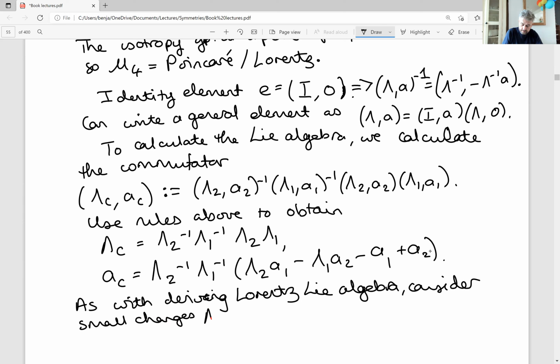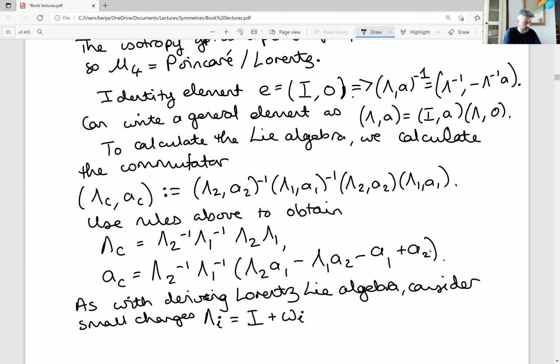So lambda_i I'm going to put equal to the identity matrix plus omega_i, just as we did before. Strictly speaking, you can put mu nu matrix indices on these.